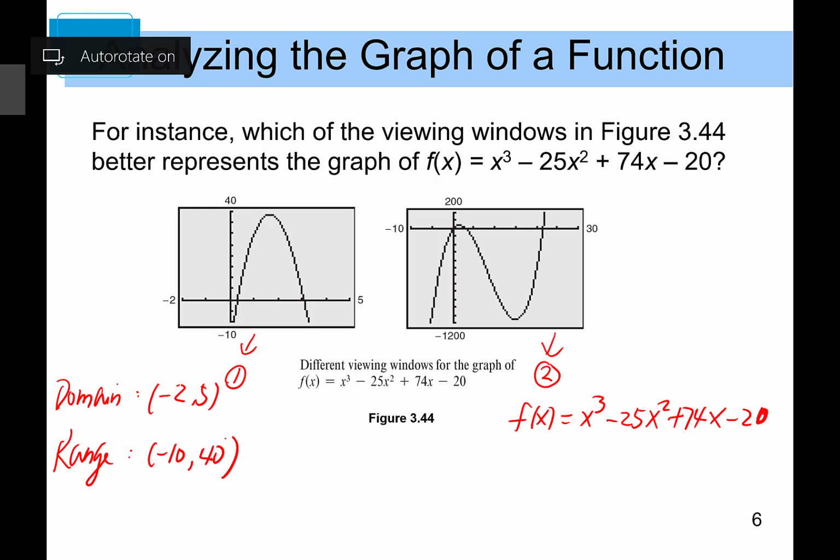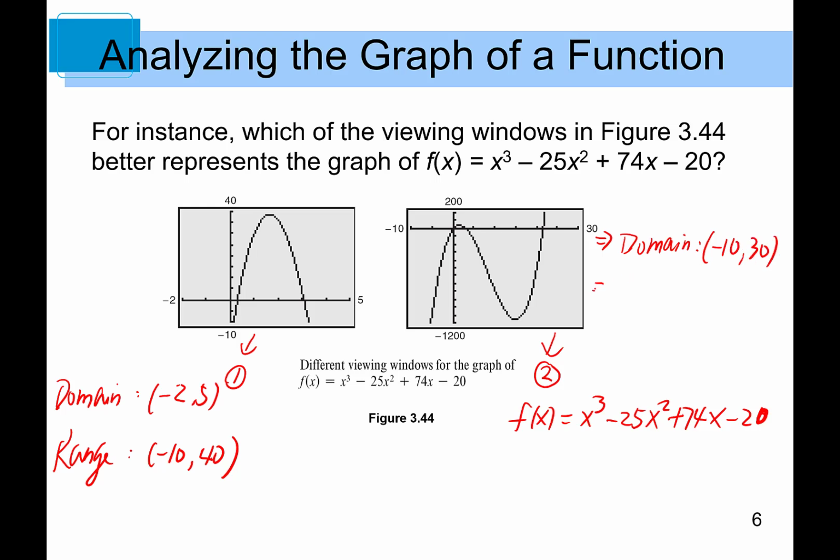And if you look at the second graph, the domain is from -10 to 30, and the range is from -1200 to 200.